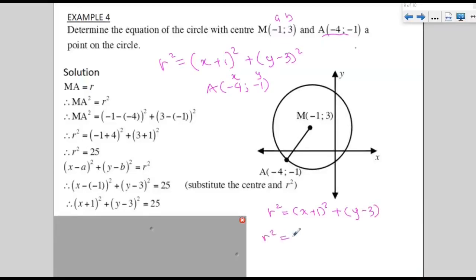So R squared is equal to minus 4 plus 1 all squared plus minus 1 minus 3 all squared. Use your calculator. You know that's going to be 9. Use your calculator. You know that's going to be 16, and that gives you 25. Thereafter, you get your equation of your circle.